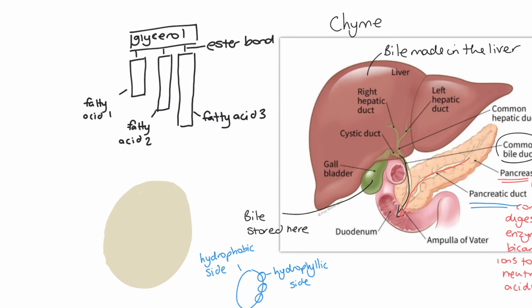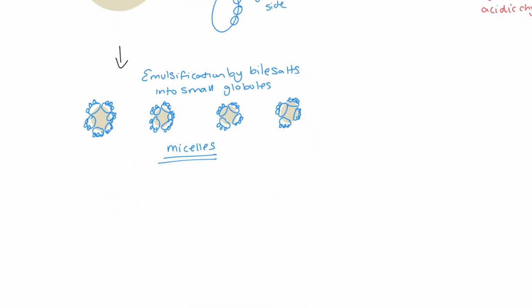Now, a monoglyceride is a single glycerol molecule and one fatty acid. So if we just think about that here, this is a monoglyceride. So now our lipase has digested, it has hydrolyzed our triglycerides into monoglycerides and fatty acids.